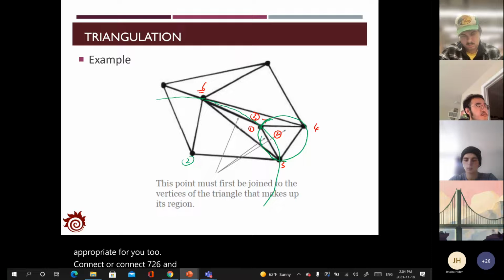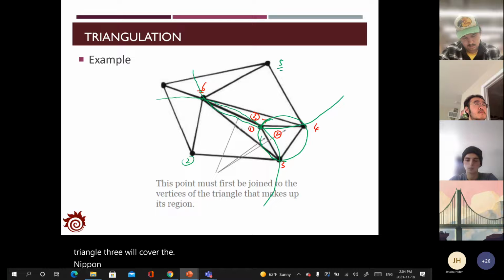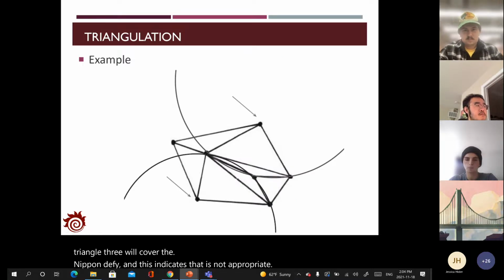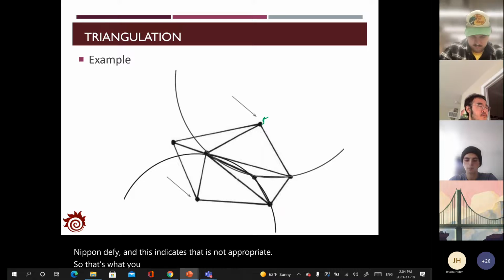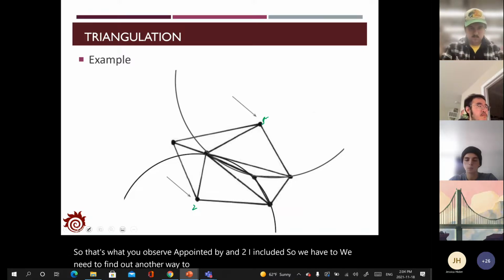And similarly, you will observe that the triangle 3 will cover the point 5. And this indicates that it's not appropriate. So that's what we observe. Point 5 and point 2 are included. So we need to find out another way to form the triangulation.